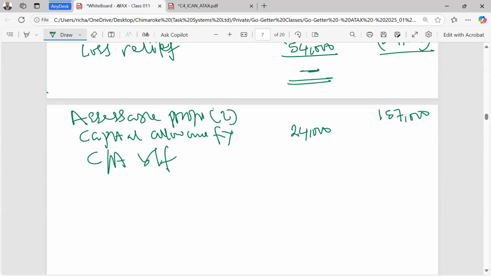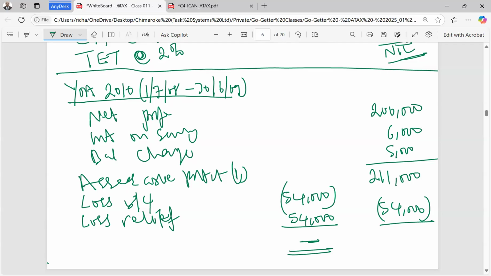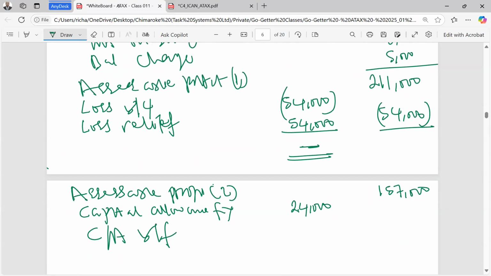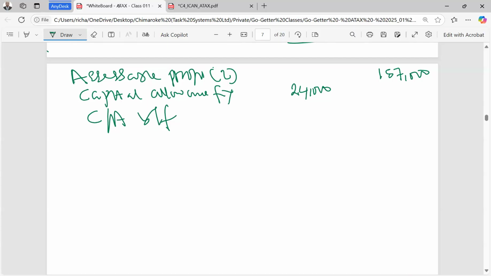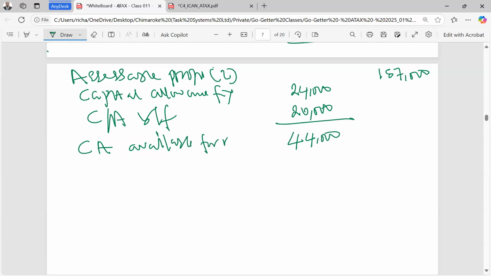How much was that again? It was 20,000. Let me not forget it. This is 20,000. When you add them together, this will give you 44,000. We'll call this one capital allowance available for relief or for claim. So you see now we are learning capital allowance with this topic, 44,000.